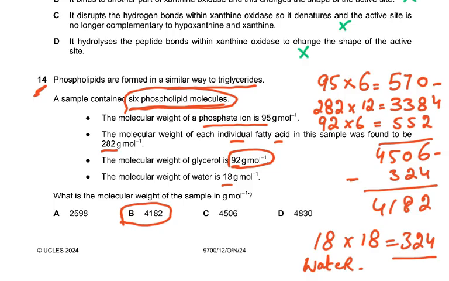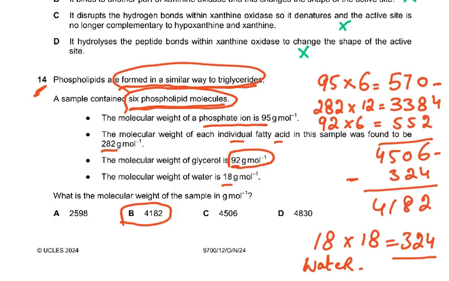But then, because it says phospholipids are formed in a similar way to triglycerides, we would have water molecules exiting each time the bond forms between glycerol and the fatty acid chains. So water would have to be subtracted from that, because it says a sample contains 6 phospholipid molecules.